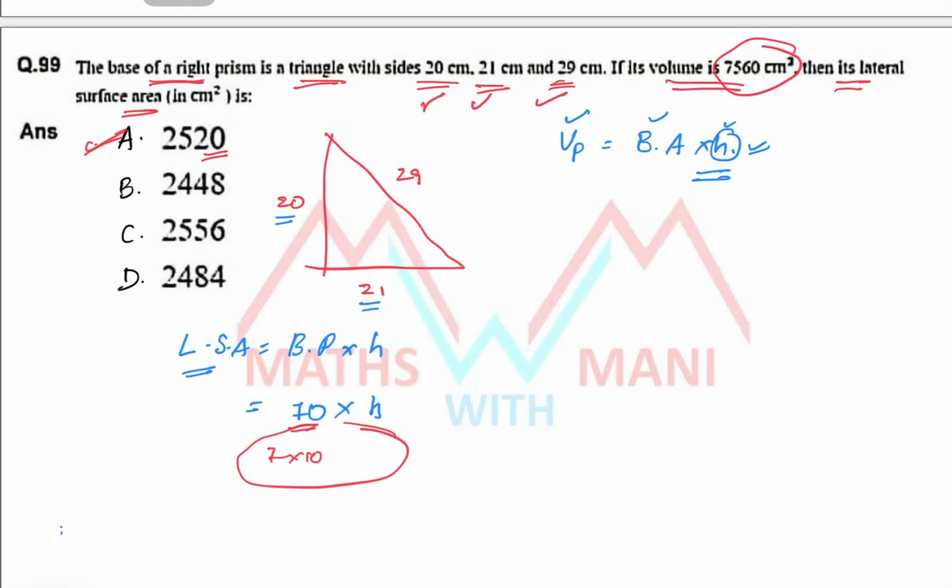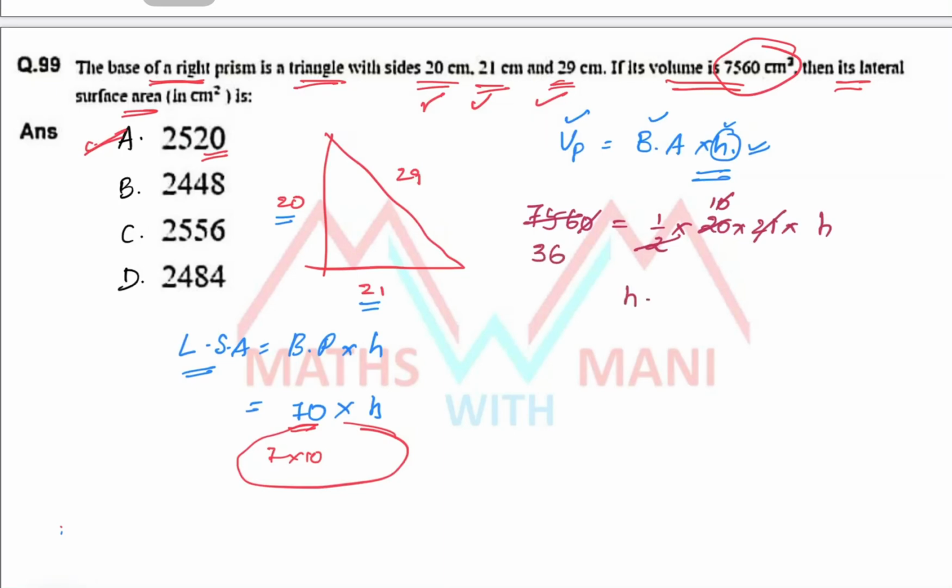Otherwise, suppose there are two options in which the unit digit is 0. Then you have to calculate. How to calculate? Volume of the prism is 7560. What is the base area? Since it is a right angle triangle, half into the product of perpendicular sides into height. 2 ones, 2 tens, 0, 0 cancel, 20 ones, 363 and 126, 6.